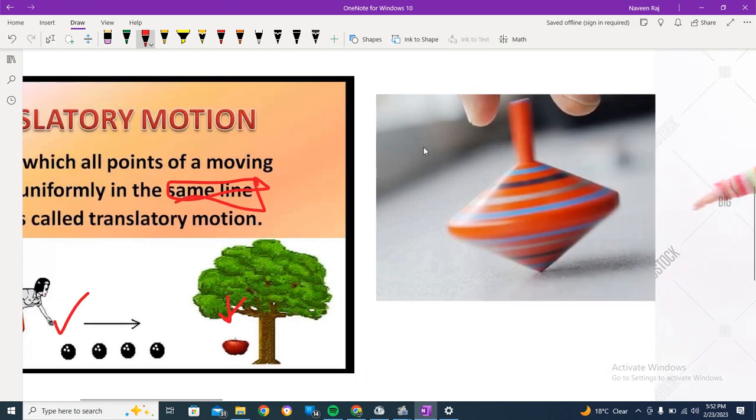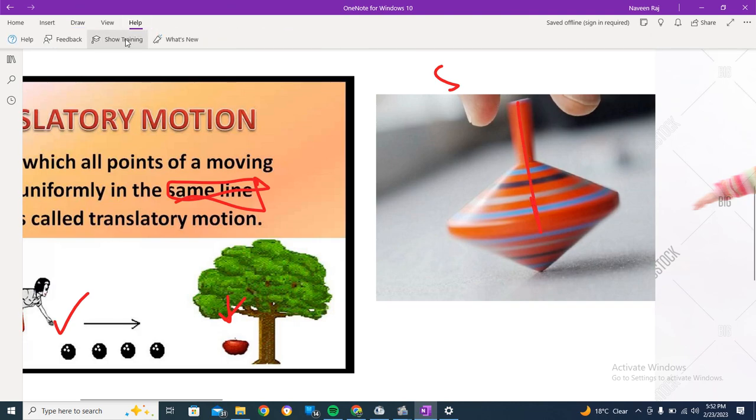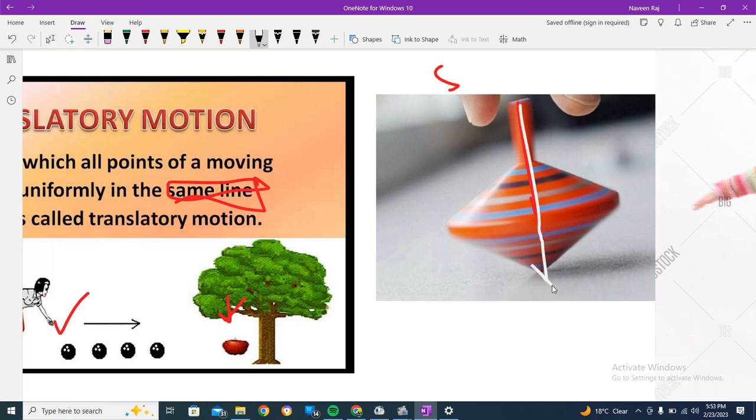Furthermore, if I talk about spin motion, this is spin motion because the axis of rotation is the same. Notice here that the axis of rotation on this surface is not changing. It is not going over here and moving along a path, which would be orbital motion. But here it is not doing this, so the axis of rotation is the same.